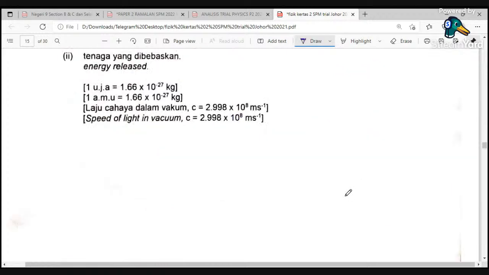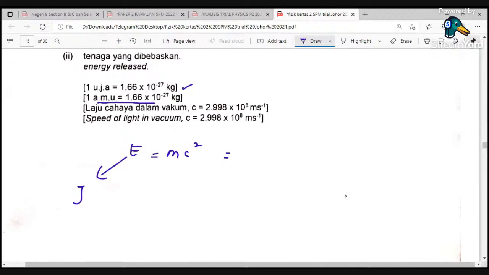Okay, the energy released, E equals mc squared. The SI unit is joule, so the mass you need to convert to kilogram. Given here, amu, this value is the factor.